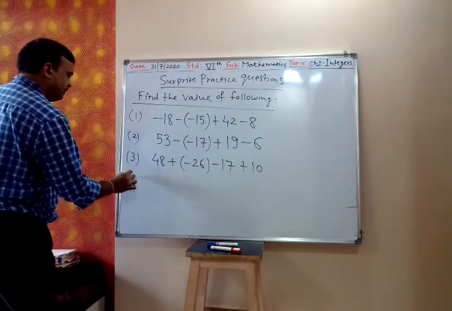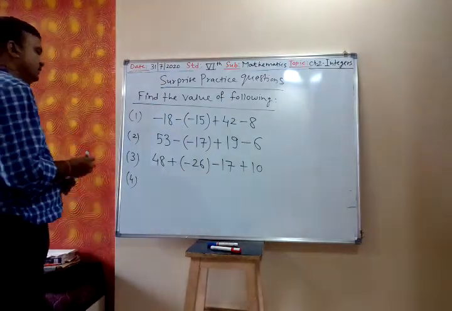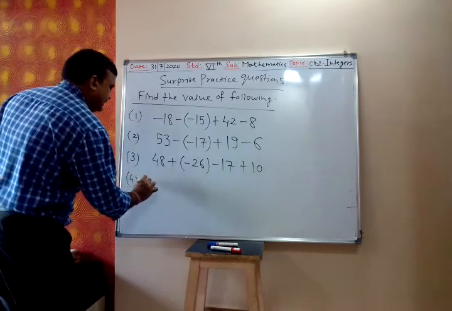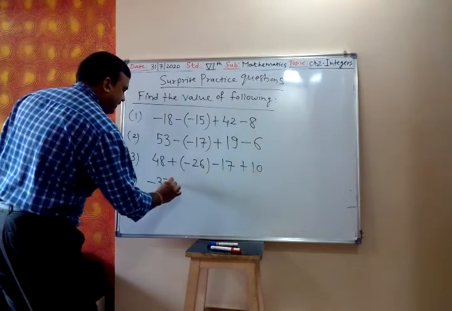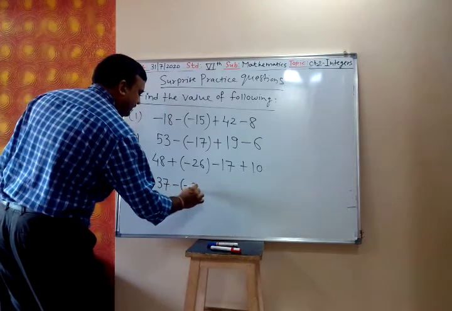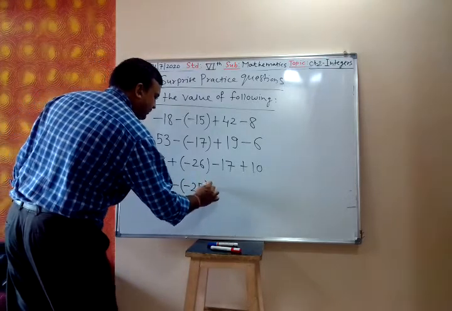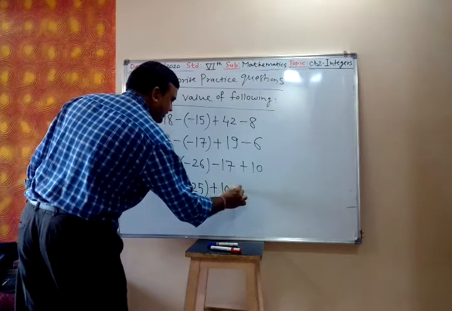Fourth: minus 37 minus 25 plus 10 minus 3.